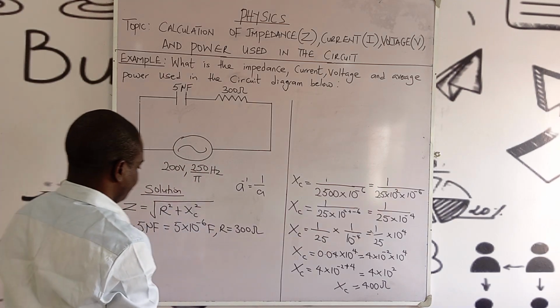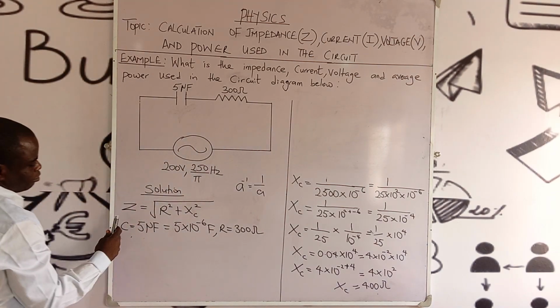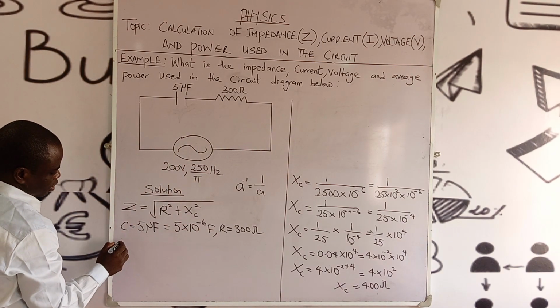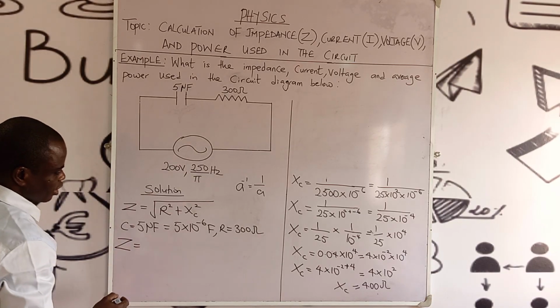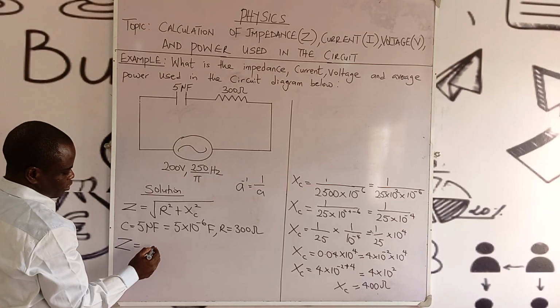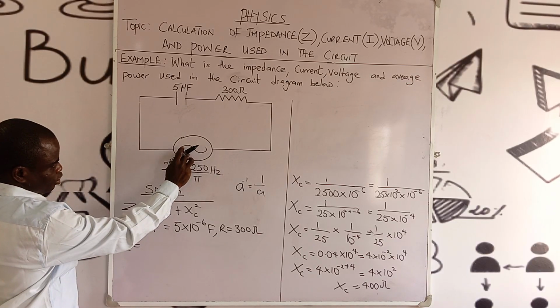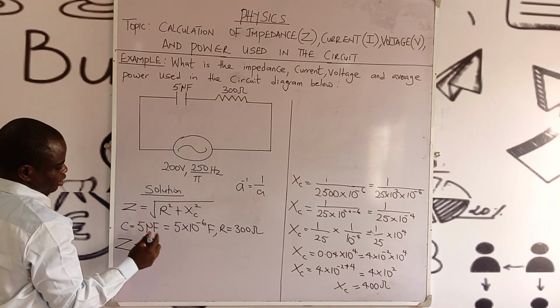Now, from here, you have your impedance, which is the overall opposition to the flow of alternating current. You now have this symbol to show that it is an alternating current.